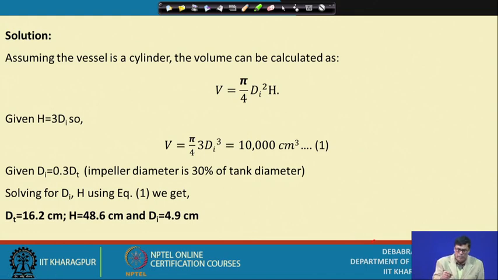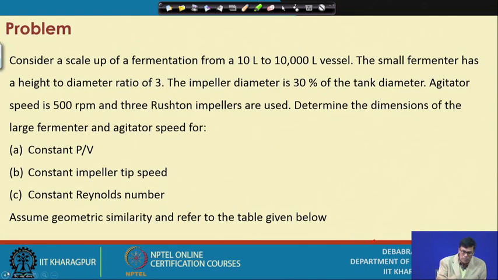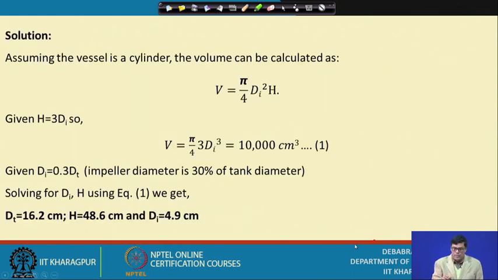So here in this problem, initially we have 10 liter, and that is to be scaled up to 10,000 liters. Am I right? This is the equation that we have. This is the volume of the cylindrical vessel, V equal to pi by 4 DT squared into H, and we know that H equal to 3 DT.